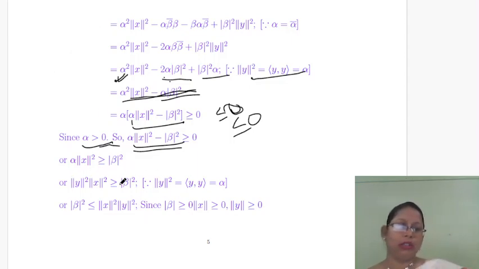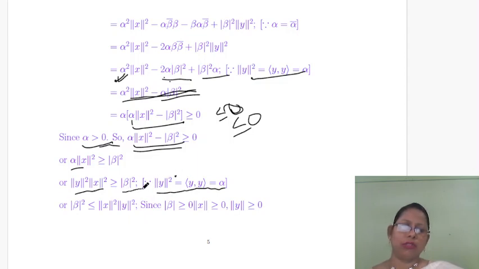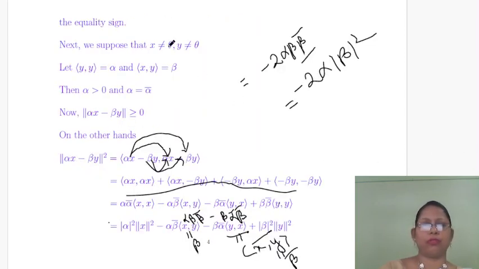Okay. Now since the norm of x squared is my alpha, in place of alpha I am putting the norm of x squared. This is multiplied with the norm of y squared. This is modulus of beta squared, as beta is greater than or equal to 0. What is beta?